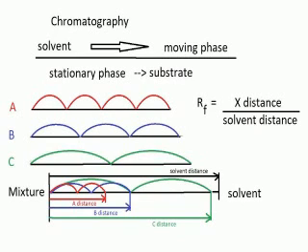On the other hand, if they all interact really strongly with the surface, then they won't move at all, and again, you won't get any kind of separation. So one of the challenges is to pick the right moving phase and the right stationary phase in order to get a good separation of your mixtures.